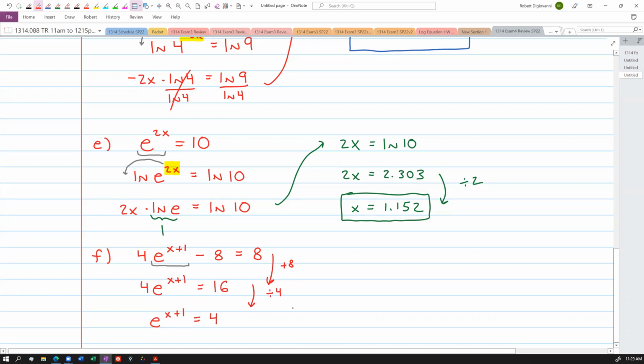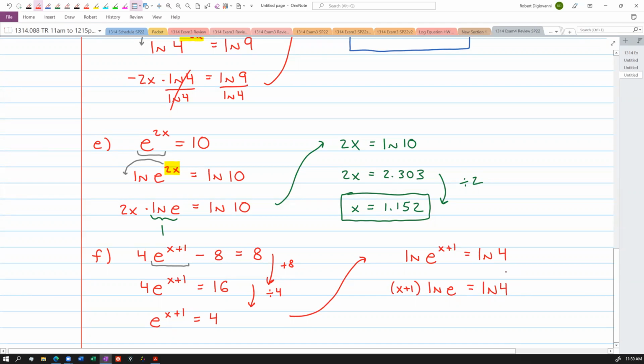And then I have it isolated. So I can bring in the natural log. Natural log of e to the x plus 1 equals natural log of 4. Pop the x plus 1 out front, put it in parentheses because it's 2 terms. I'll be left with natural log of e again, right?